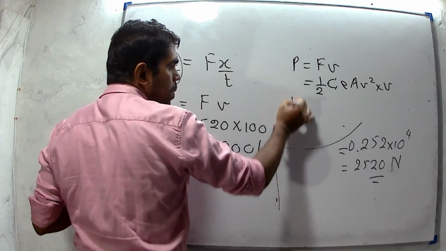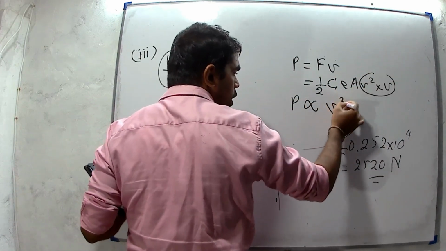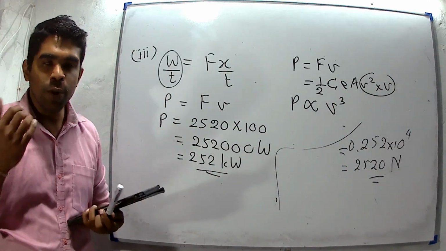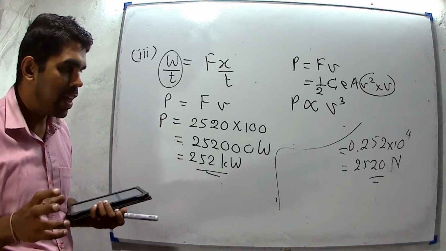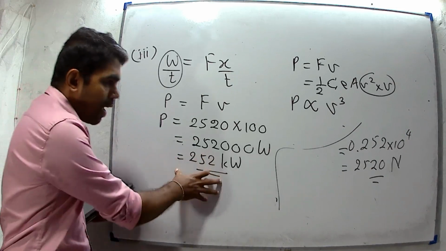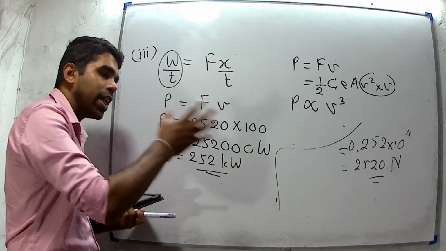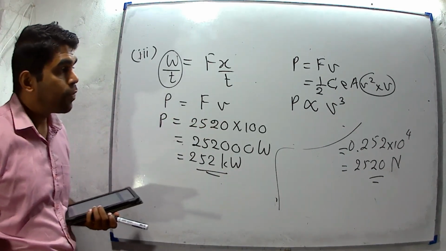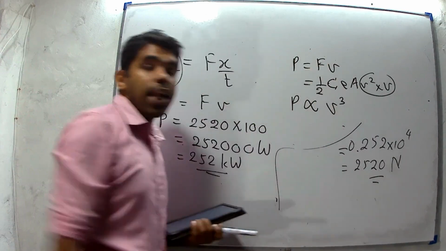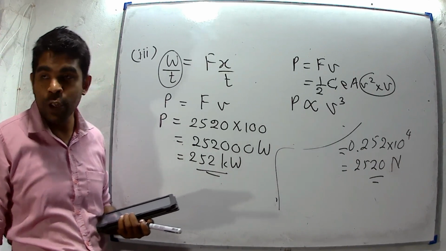Now we can see power is directly proportional to the cube of velocity. If there is a linear variation, this argument is correct. We can get initial power 0 and final power this value, and we can divide by 2. We have to get the sum of initial and final powers and divide by 2 if there is a linear variation. It means if power is directly proportional to velocity, but now power is not directly proportional to velocity.